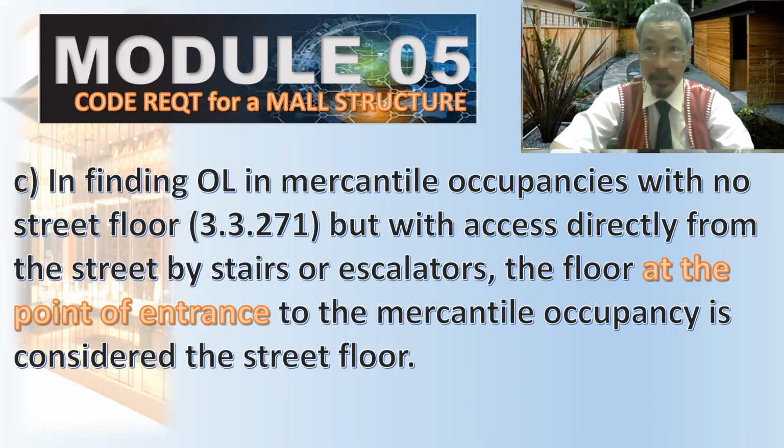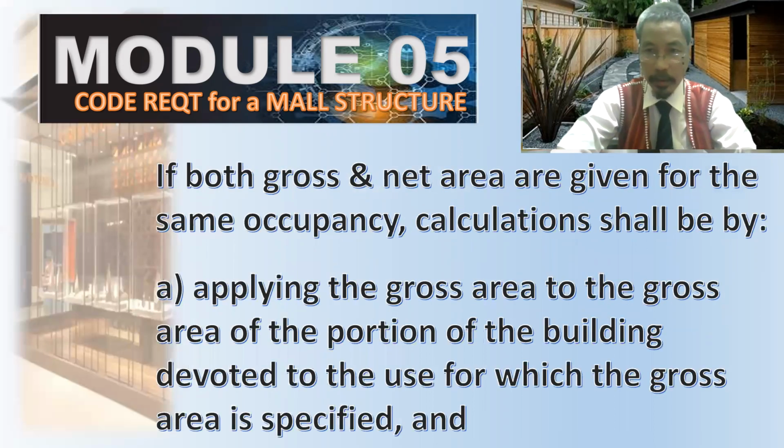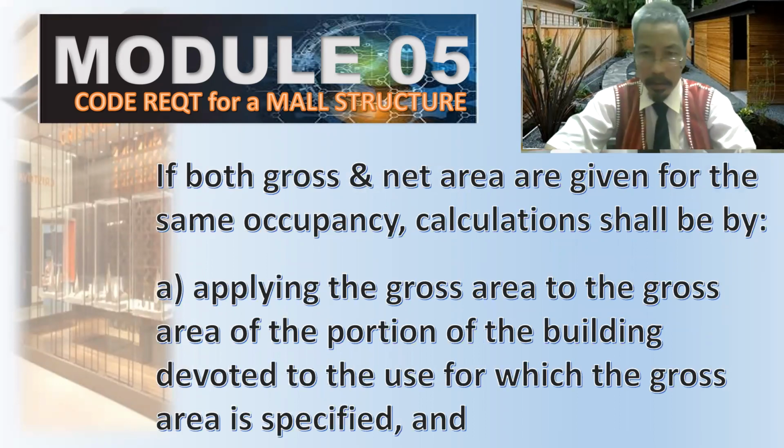It may be on the second floor, it may be on the third floor, but if there is a provision by stairs or escalator, for that matter, servicing that entrance door directly, it is considered street floor.